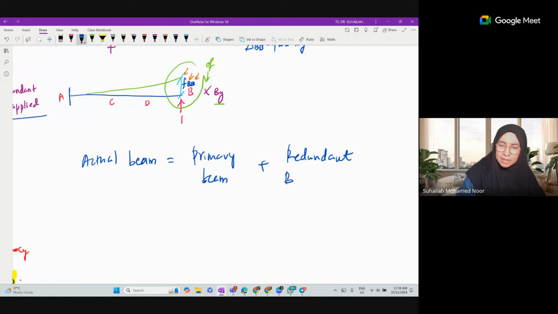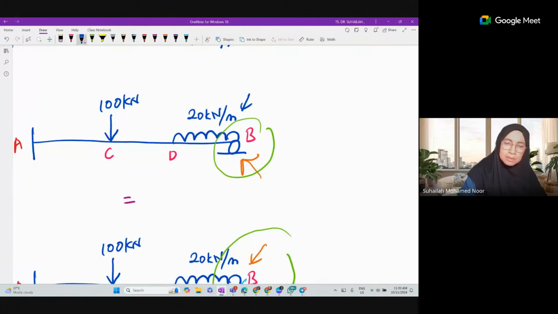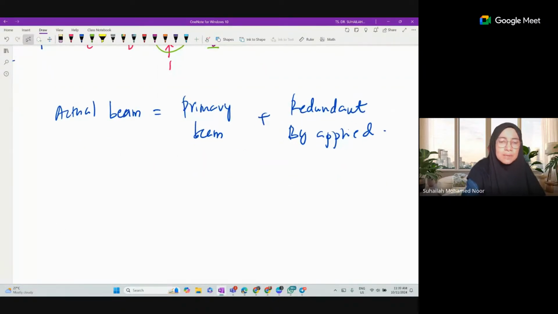In this case, it is redundant BY applied. Delta at point B in the actual beam is equal to 0 because of the support. So this is delta B.